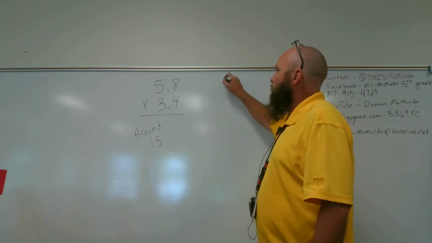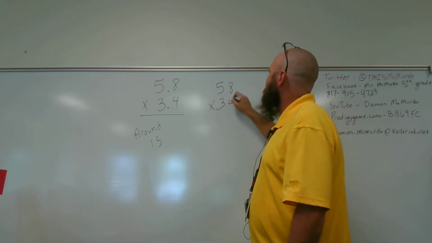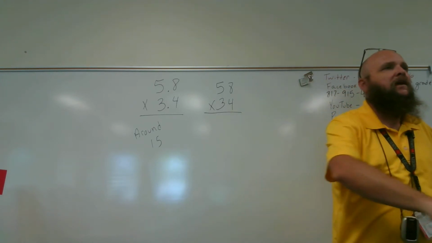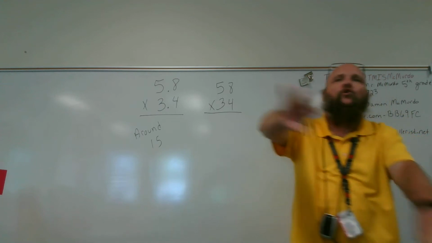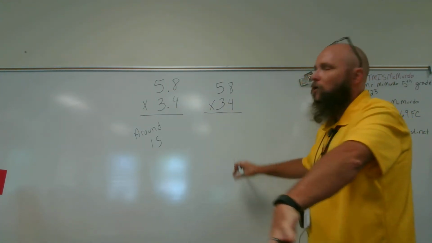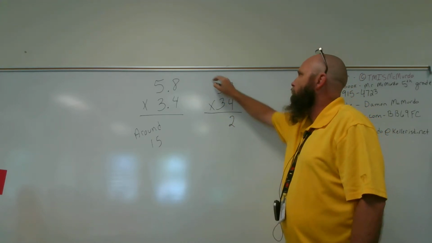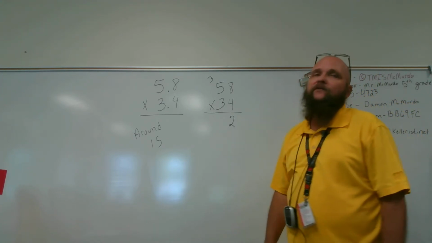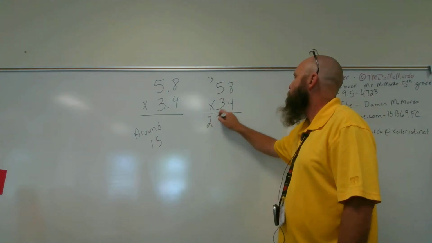So now I'm going to rewrite this, ignoring my decimal points. I'm going to solve this problem pretending there are no decimal points anywhere in the world of this problem. I did my ones place. 4 times 8 is 32, so that's 32 ones, or 3 tens and 2 ones. 4 times 5 is 20, plus 3 is 23.